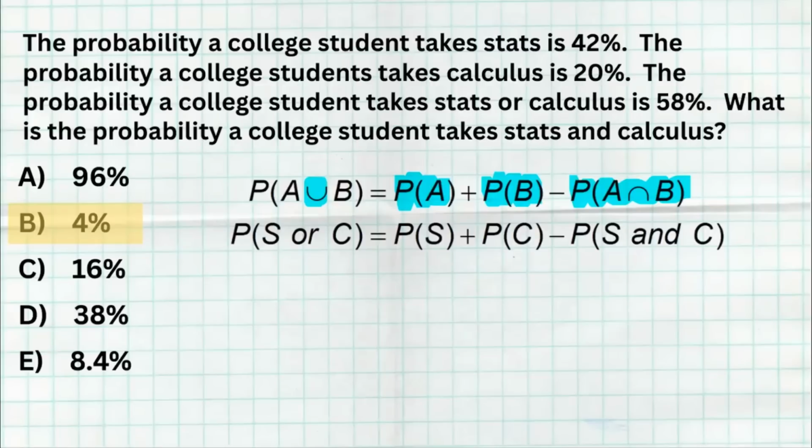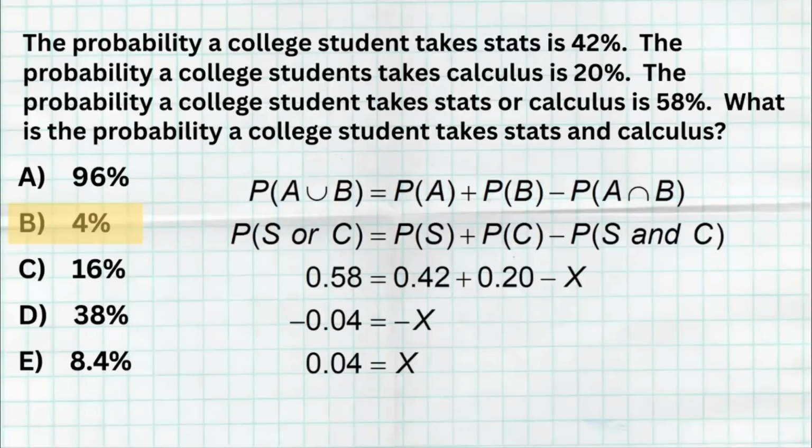And then all we got to do is play the fill-in game. So the probability of stats or calculus is 0.58. That was given to us right here. The probability of stats was 0.42. That was given to us. Plus the probability of calculus, that was 0.20. That was given to us. And then typically in math, when we don't know something, we label it with an X. So the probability of stats and calculus, I'm going to call X. And now I just got to solve a pretty simple equation for X. Subtract the 0.42, subtract the 0.20, and we get negative 0.04.